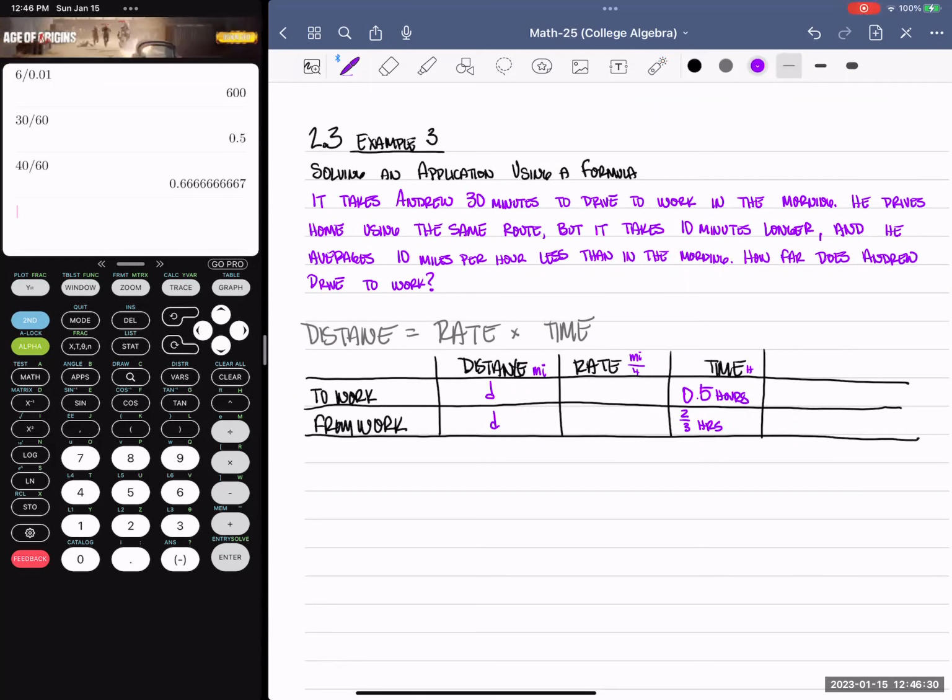But here it looks like they're saying that this is our rate. And this is our rate. 10 hours less. So rate minus 10. And now from here, don't think we need this for a minute.